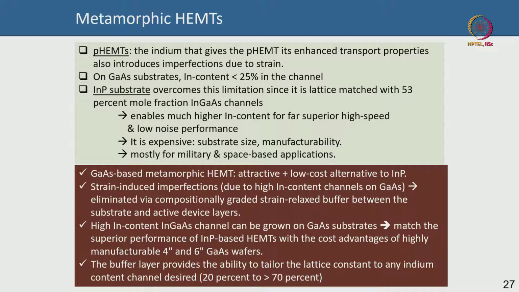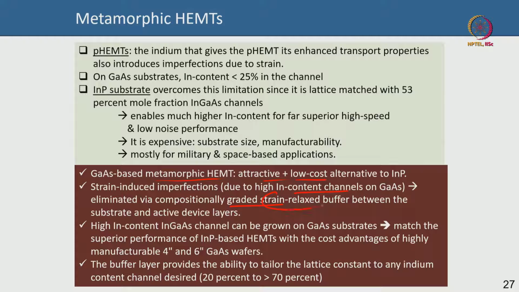Whatever I have told you is written in this slide. Okay. So, metamorphic HEMTs are a very attractive and low cost alternative, because you are using gallium arsenide substrate as opposed to indium phosphide substrate, and this high indium content InGaAs channel, okay, and all the strain that you can have as a problem is removed by this grading layer, which is a metamorphic buffer.